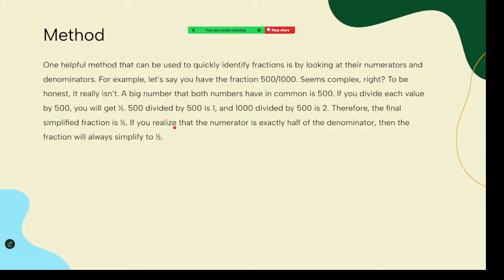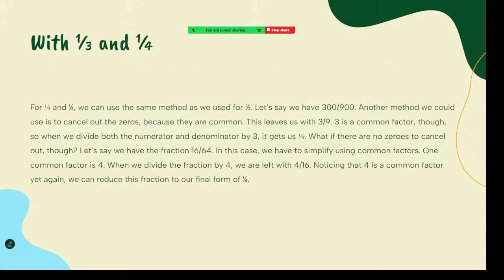Another way to easily solve this is to realize that the numerator, 500, is exactly half of the denominator, which is 1000. This means the fraction will always simplify to 1/2. And this is true for anything that follows this principle. For example, 600 over 1200, 50 over 100, 100 over 200, you get the idea.